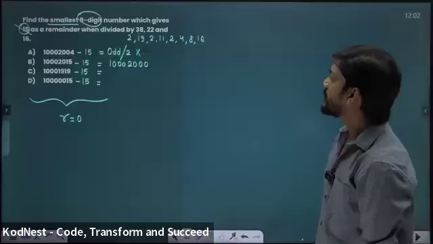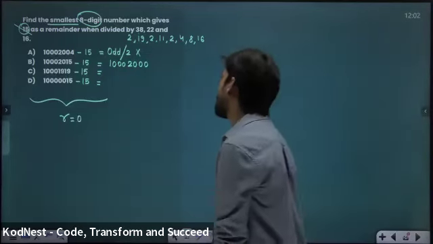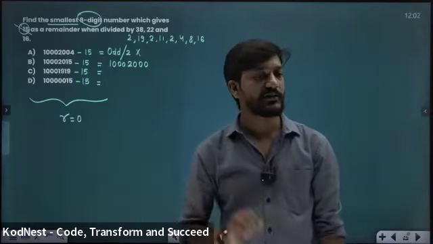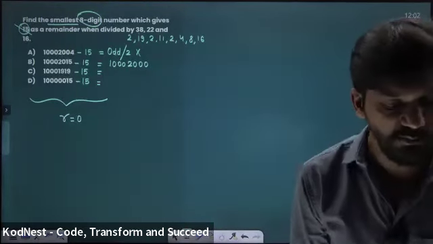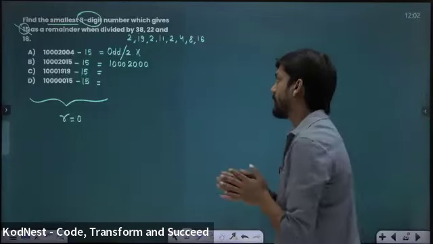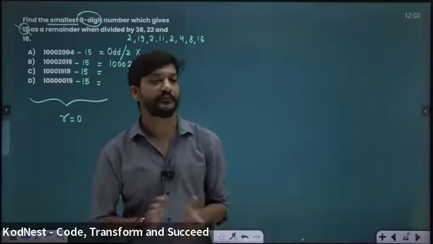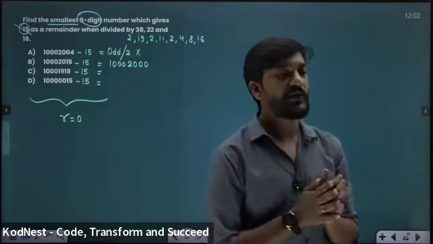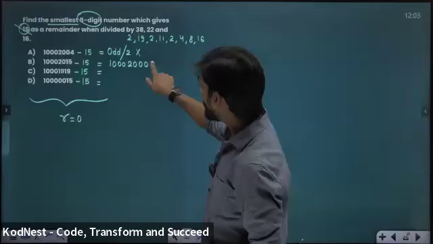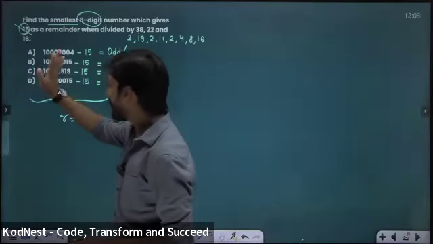Yes. Divisible by 8? Yes. Divisible by 16? Yes. Okay. Is it divisible by 11? Please check this quickly. No. Therefore, this is not divisible by 11. Therefore, option B is removed.